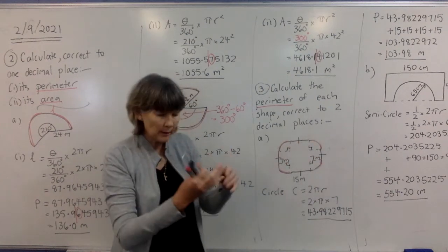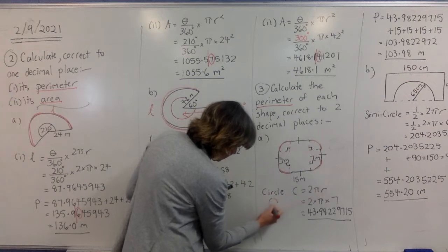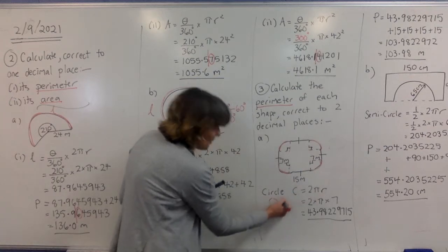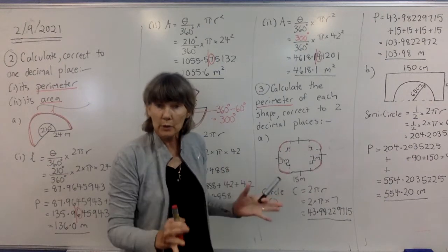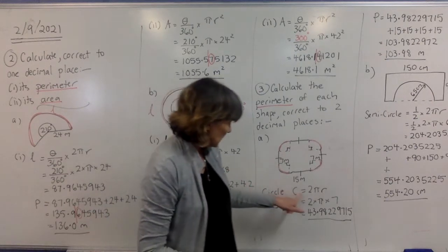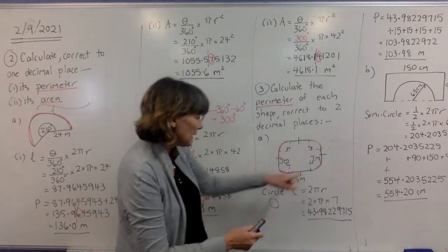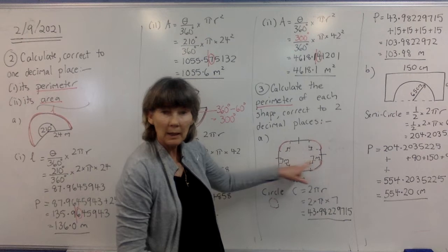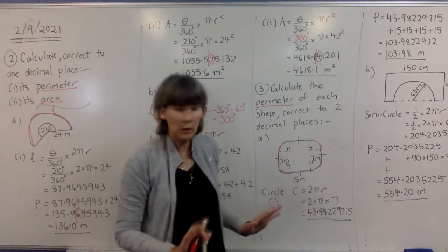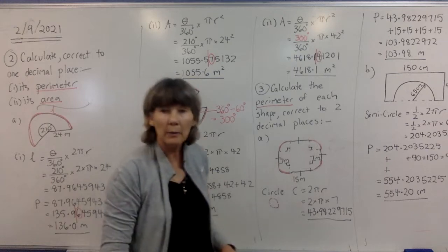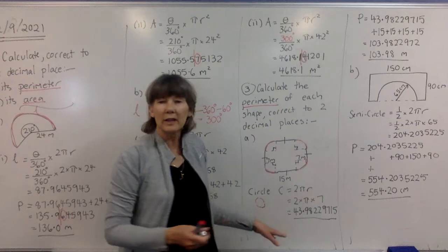So if you put it all together, it would form a whole circle. So we're going to find the circumference of one whole circle, and we'll do all those curves together then. So C equals 2 pi r, C equals 2 times pi times, now the radius is this bit here, 7, and then put it in your calculator. No early rounding. Okay, now we're going to find the perimeter. So you want to keep that answer that you just got on your calculator.